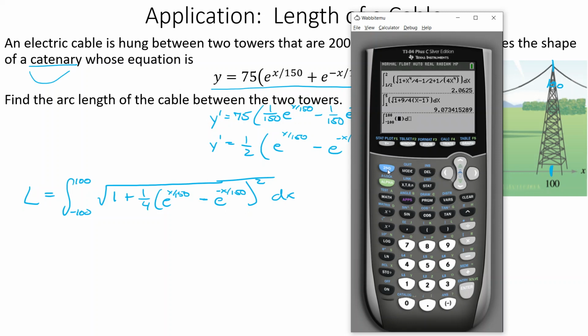We've got the square root, 1 plus 1/4 parentheses e raised to the x over 150 minus e raised to the negative x over 150, close the parentheses, out of the square root, out of the integral, and we say our variable is x.